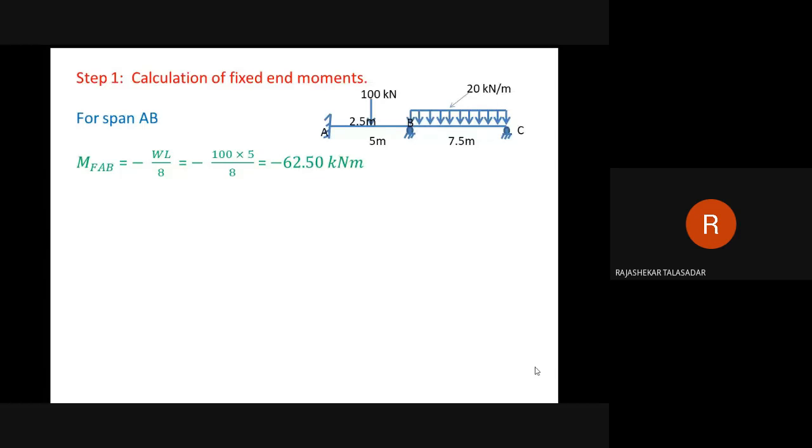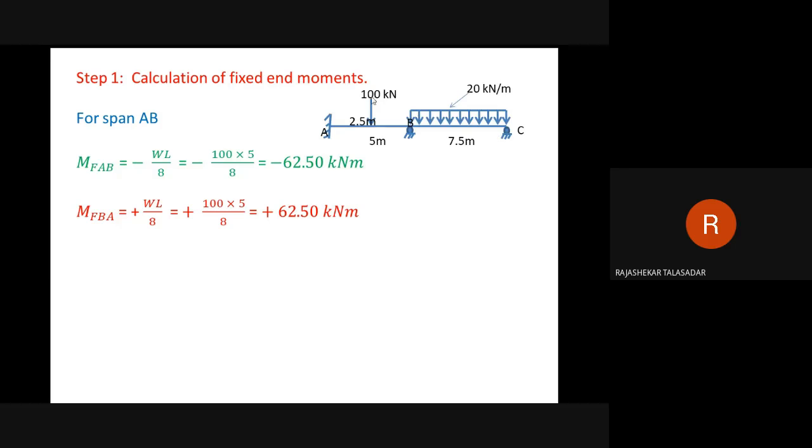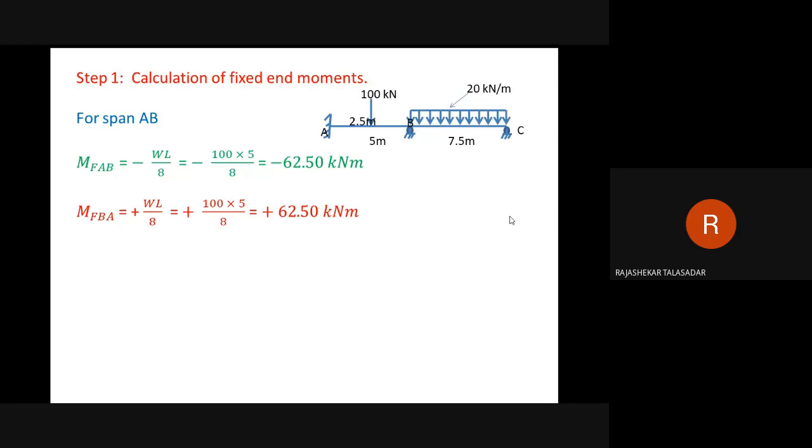Now MFAB, you know that always at this end it is anti-clockwise like this. Anti-clockwise means minus. What is the formula? Minus WL by 8. What is W here? 100. Load. L is 5. That by 8, if you simplify this, you will get here minus 62.5 kilonewton meter.